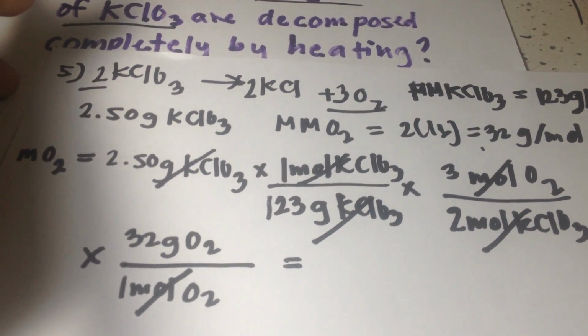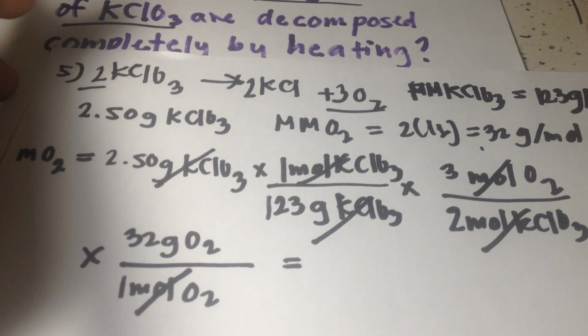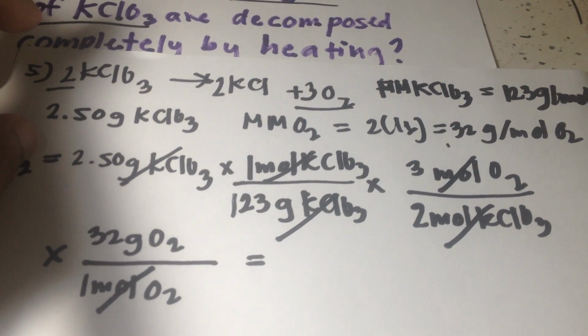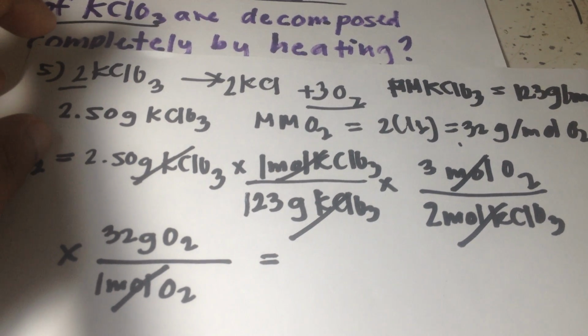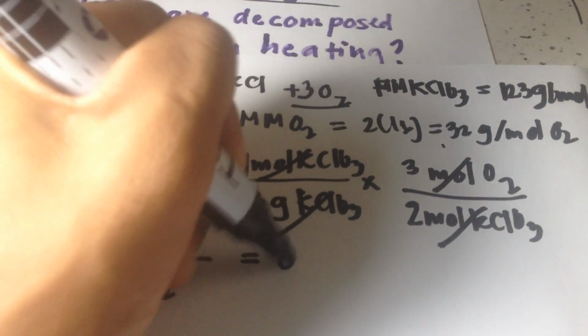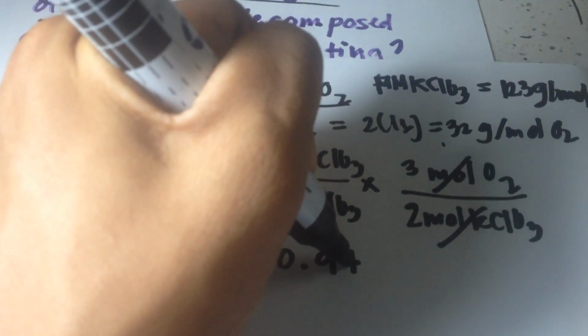So 2.5 divided by 123 grams of potassium chlorate times 3 divided by 2 times 32 grams of oxygen gas, which is 0.9756 grams of oxygen gas.